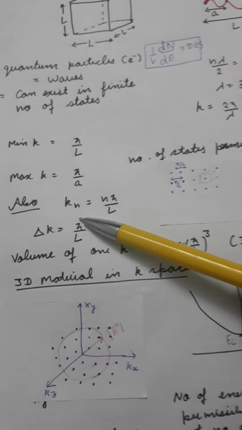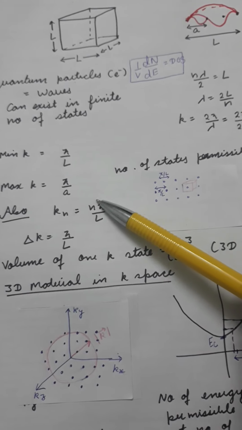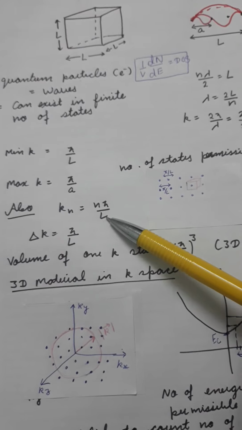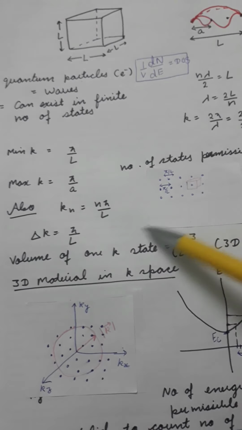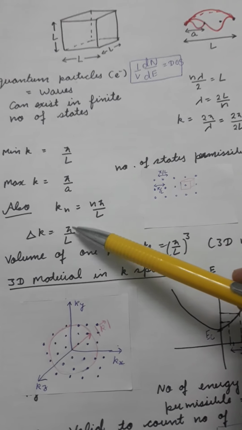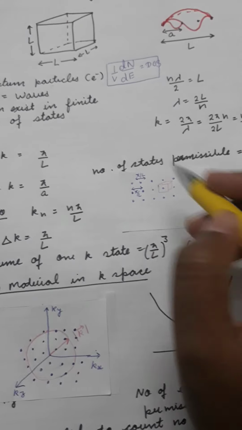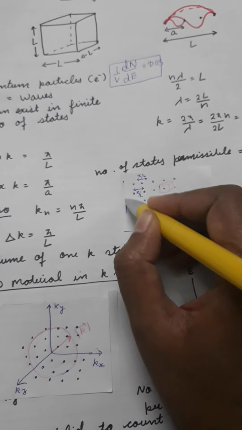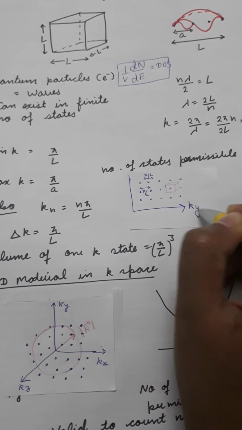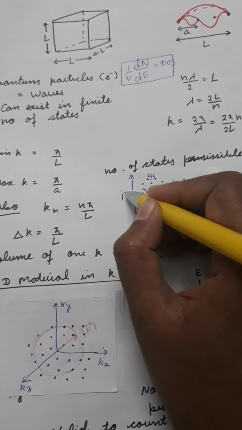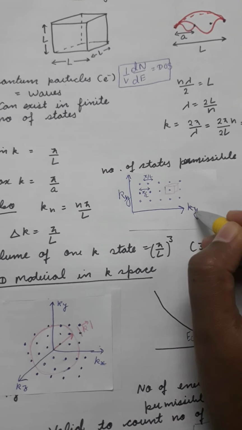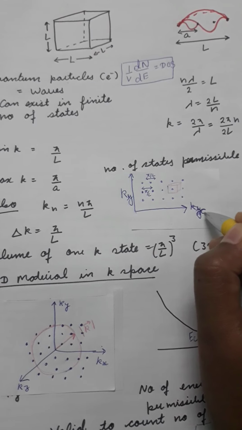Also, in k space, the k values are given by n pi upon L. The first k value will be pi upon L, the second will be 2 pi upon L, then 3 pi upon L, and so on. So the distance between two k values will be pi upon L. If this is the k space, let us say this is the x axis and this is the y axis, so this is ky and this is kx.